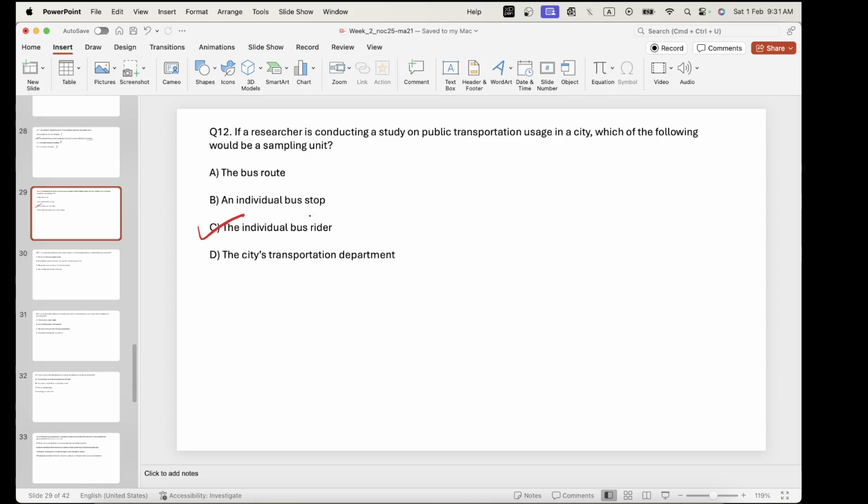But if we ask the bus rider, how many times in a week do you travel in a bus, or how many times a week do you use public transportation, then we can get some data on the actual usage in the city. Okay, so the sampling unit is that person from whom we are collecting the data. So in this case, it would be the individual bus rider. Alright.